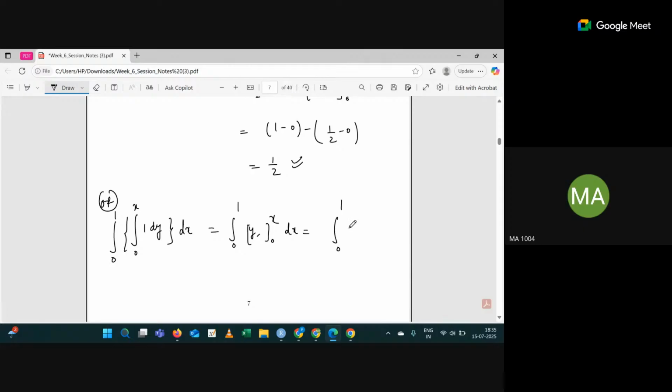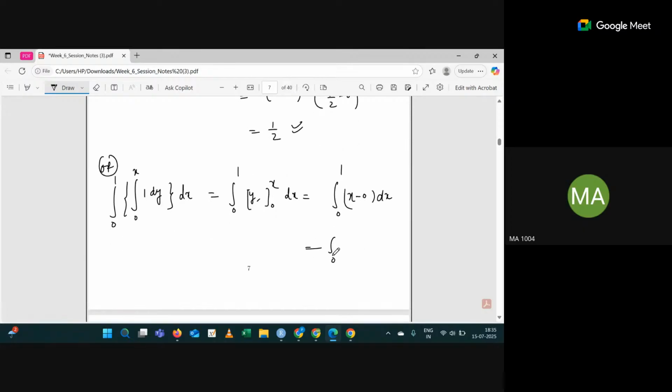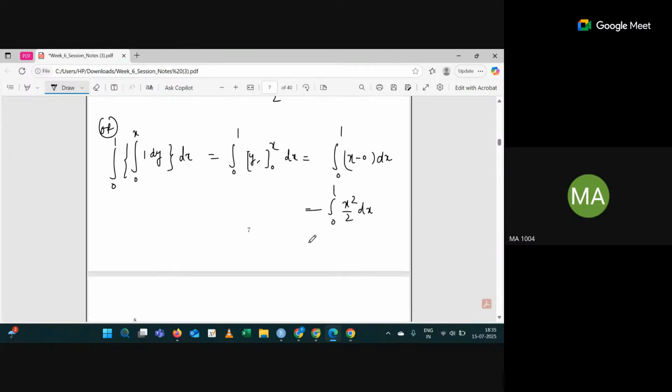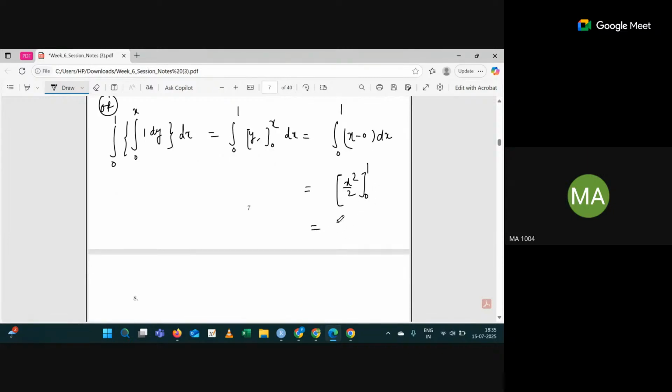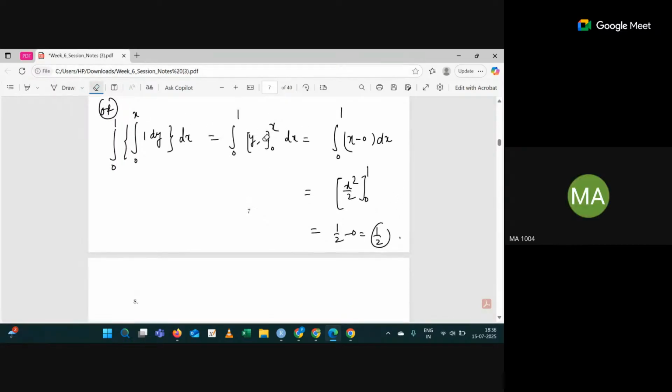If you substitute here, you will get x minus 0 dx, and basically you'll get the integral from 0 to 1 of x dx. Sorry, this shouldn't be the case. This will be x square by 2, from 0 to 1, and it will be 1 by 2 minus 0. So you can see we got the same answer. Yes or no? Yes. Okay. Yes, sir. So let me change the inequality a bit again so that you will get some idea. Okay.